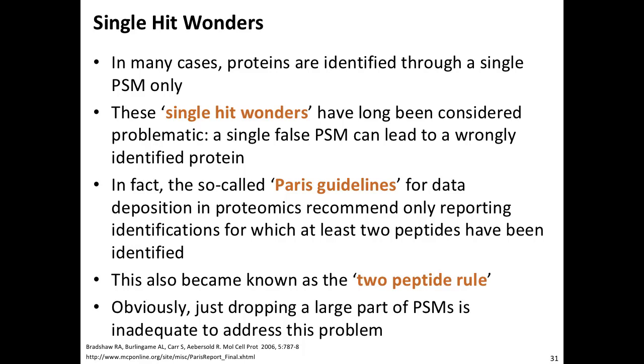You remove data that you can still use, and it's a very ad hoc rule. Why not discard also all the proteins that are supported by only 2 peptides? Also, you see there's some dependency on the length. So this single-hit wonder thing, this 2 peptide rule, has been discarded again.